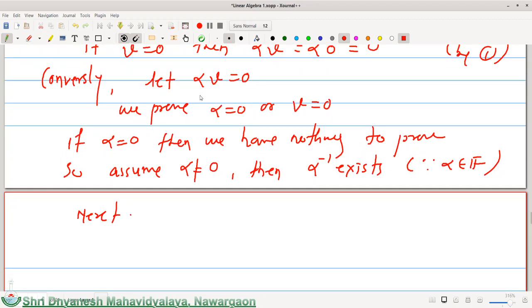As we are given alpha into v is equal to 0, alpha into v is equal to 0, given.